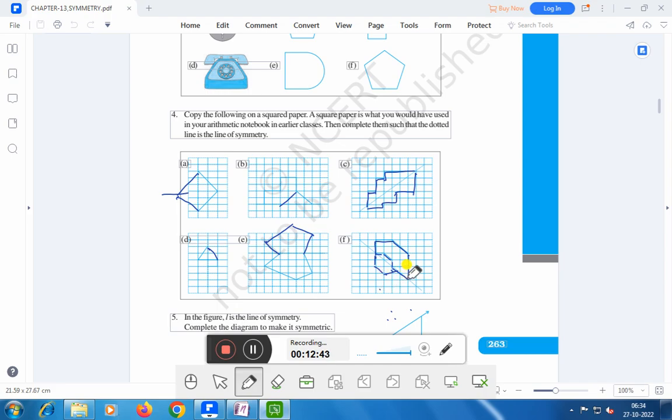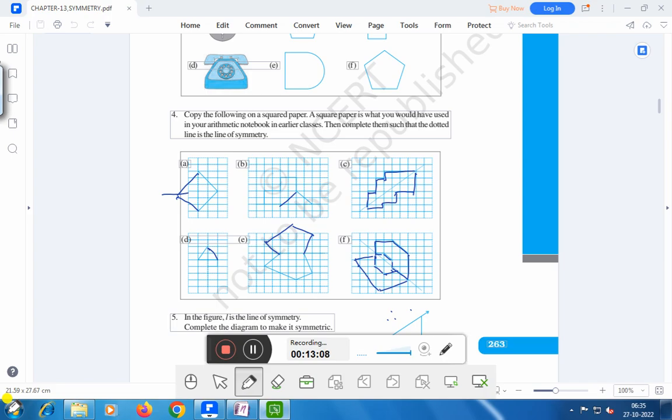That is this one. This also divides this into two equal parts. In this way, you can find the various lines of symmetry, right? And the dotted line is the line of symmetry, right?